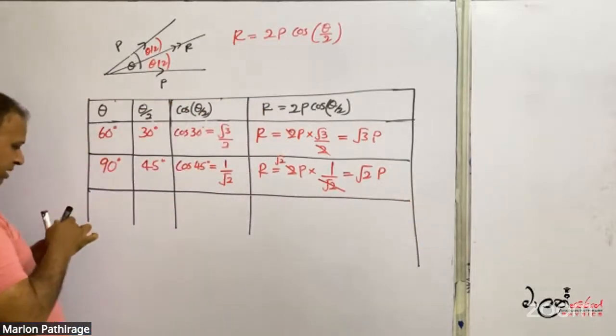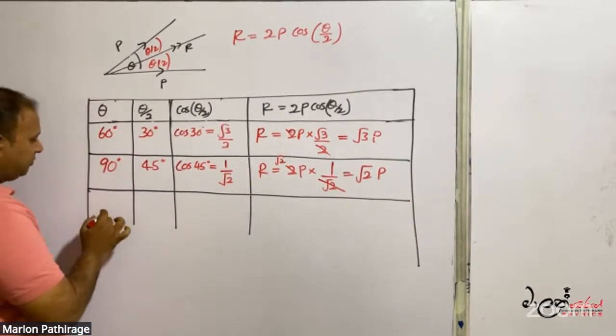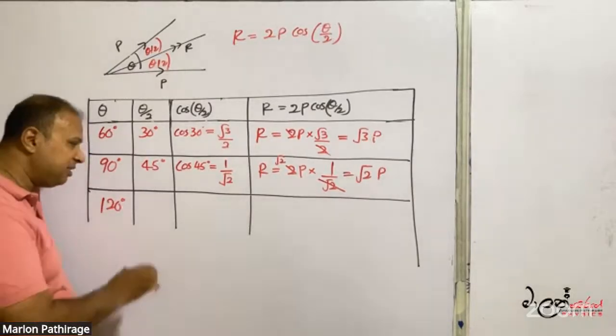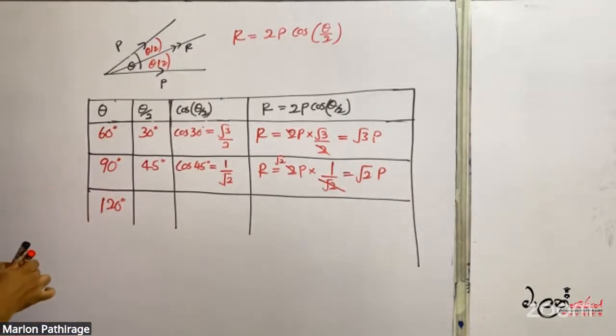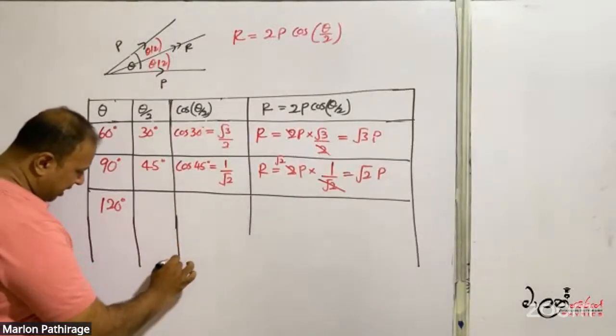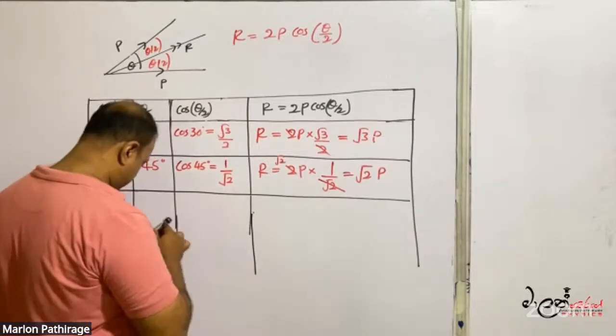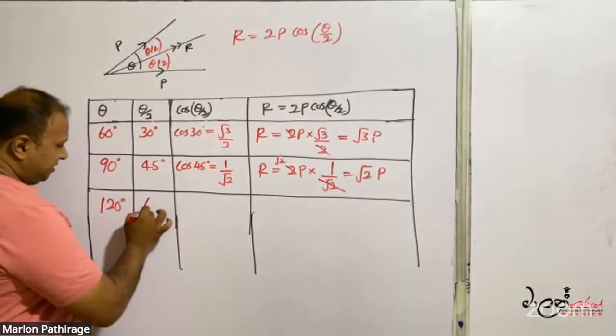Then suppose now the angle is 120. If it is 120, what is the half angle? 60. Yes, half angle is 60.